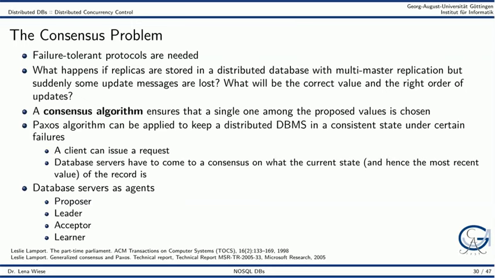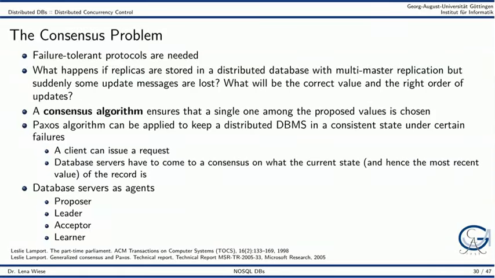A prominent consensus algorithm is Paxos that keeps a distributed database system in a consistent state under certain failure conditions. A client issues a request to the system. The database servers have to come to a consensus among them on what the current state of the requested record is.